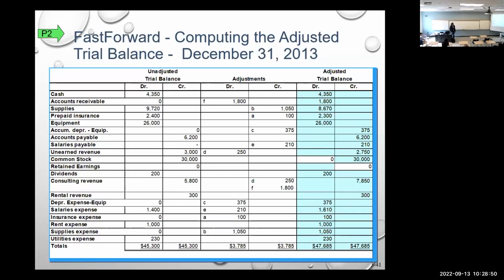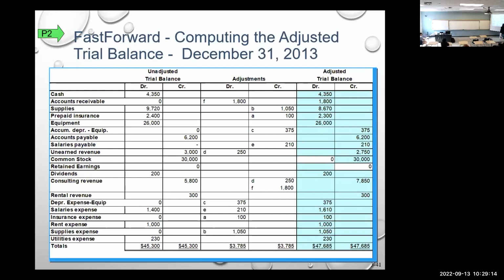Then once you get here, there's no real thought in this. This is very simple. You've got your unadjusted trial balance, you got your adjustment. You go, all right, cash, no adjustment, put that here. Accounts receivable, there's an adjustment, put it here. Supplies, here's debit, credit, subtract those, put it here.